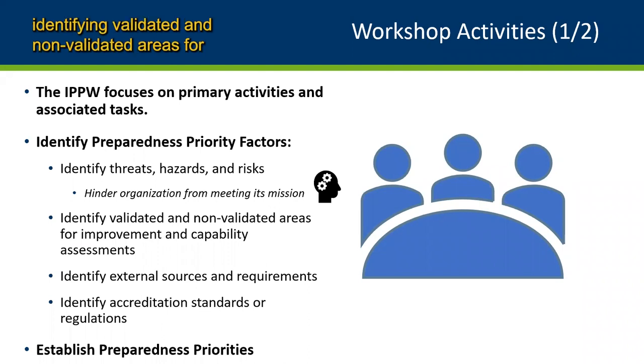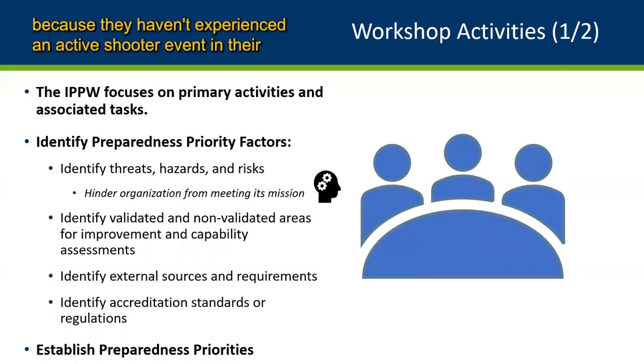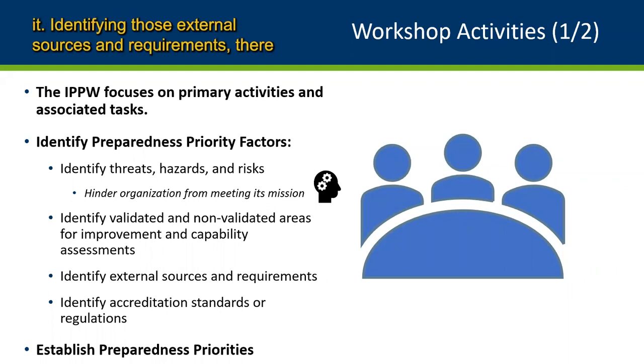You'll be identifying validated and non-validated areas for improvement and capability assessments. And the reason I say non-validated areas for improvement, some of it may just be the gut feeling of people, and that's okay as well. Just because they haven't experienced an active shooter event in their community doesn't mean they don't have some concern around it.